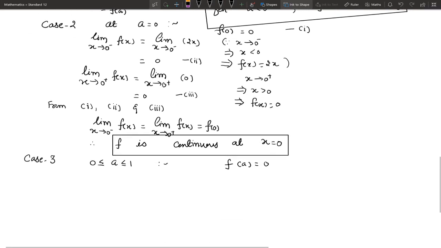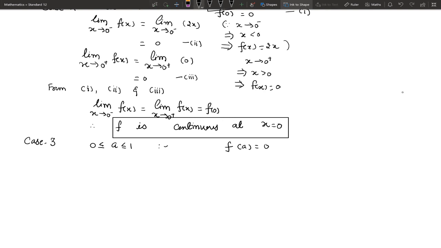Now limit x tends to a, f of x equals limit x tends to a, f of x, and in this case the value of the function is 0, because the case is 0 less than a less than 1, so it equals 0, which is nothing but f of a.